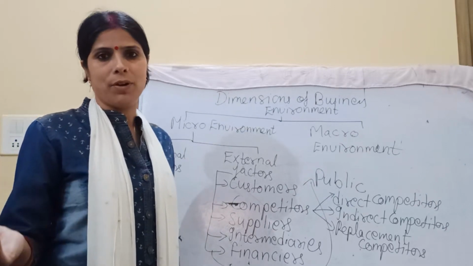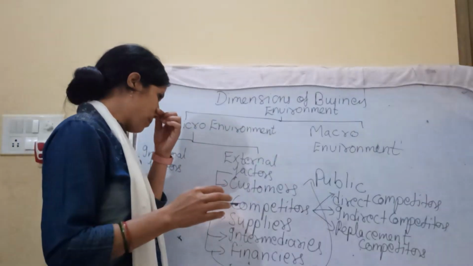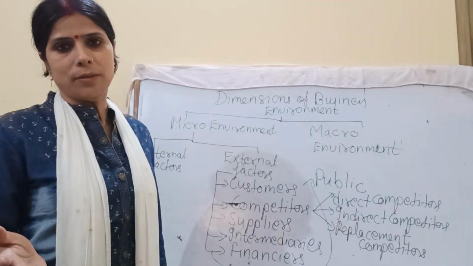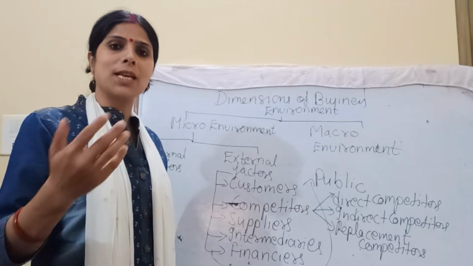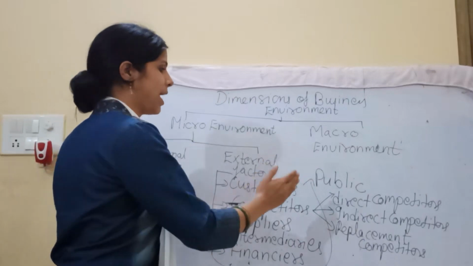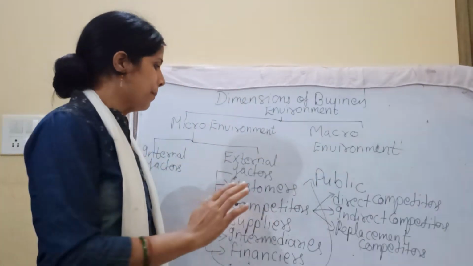Many brands are available in the market. They are called direct competitors because they are targeting the same customers, producing and selling the same product. I think this is clear to everybody.